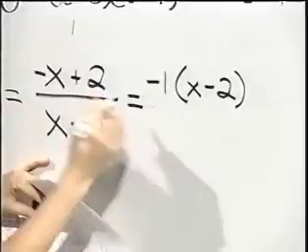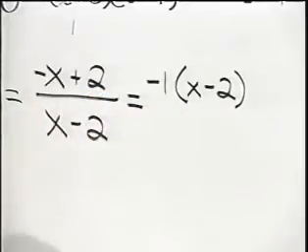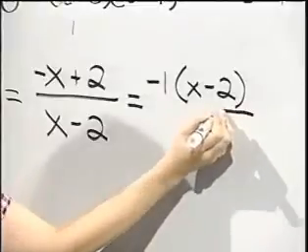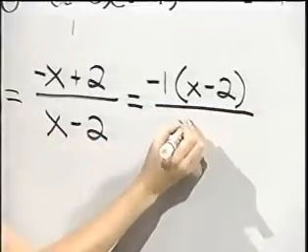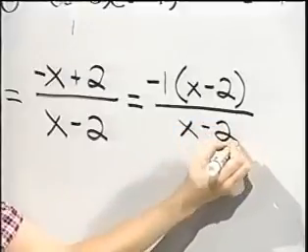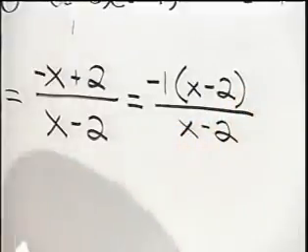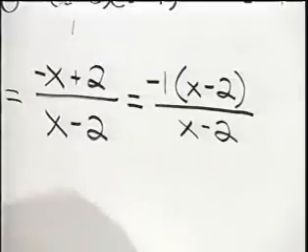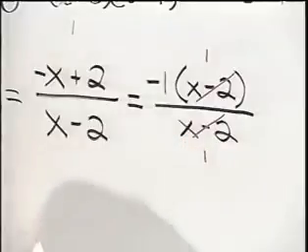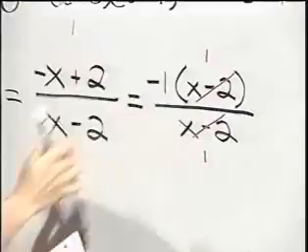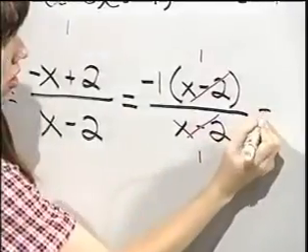And so that's the factorization for negative x plus 2. Well, why did I do that? Because look, the bottom is just x minus 2, and now x minus 2 appears in both places, and you can cancel it. And therefore, it leaves you with simply negative 1 as your answer.